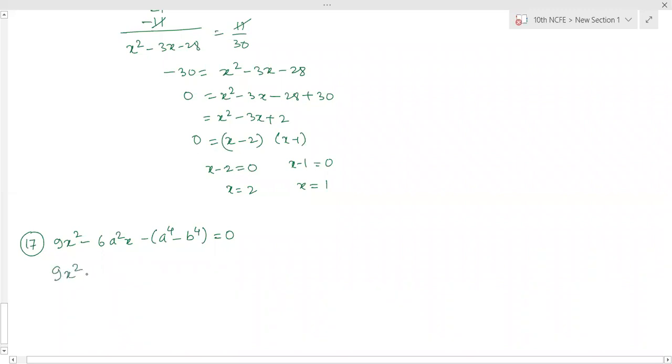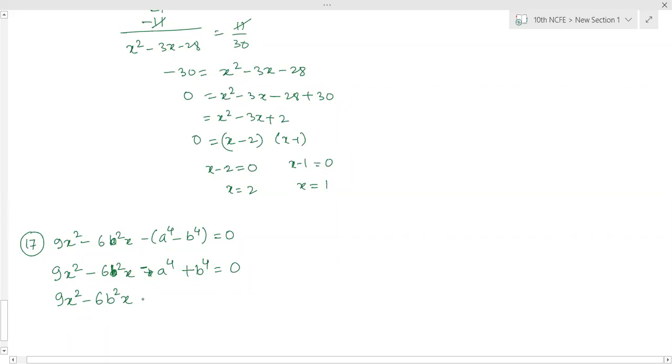You will get 9x square minus 6b square x plus b to the power 4, minus a to the power 4 plus b to the power 4 is equal to 0. Now some problem happened, I have written it wrong. Now this is a square, this is b square, so 9x square minus 6b square x. Now this is in the form of a square, this is in the form of 2ab.